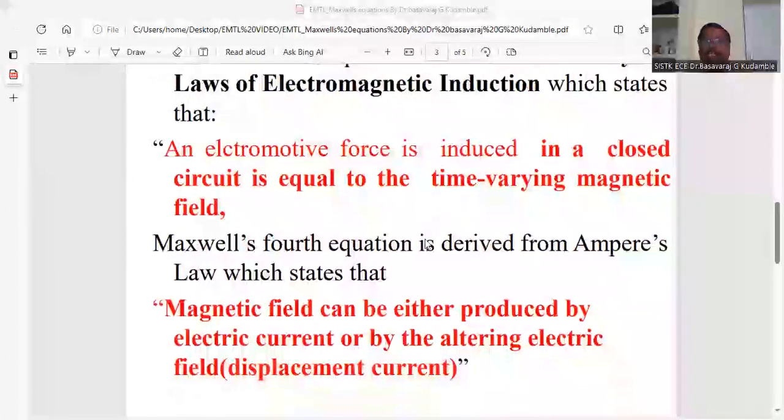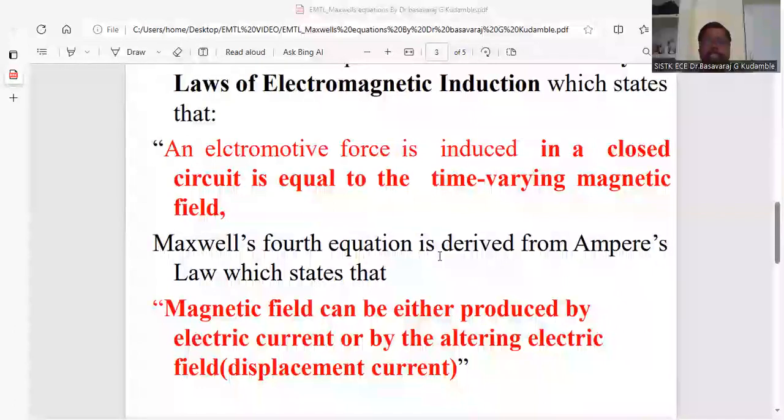Then Maxwell's fourth equation is derived from Ampere's law. What Ampere says is that magnetic fields are produced by current flowing through a conductor.